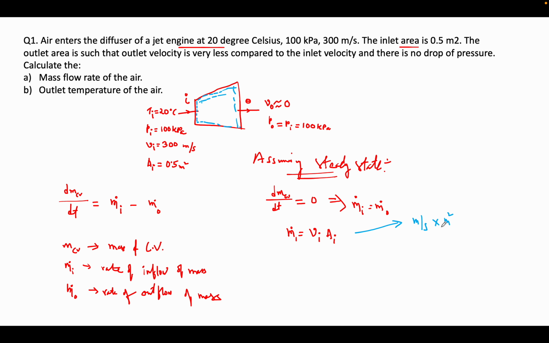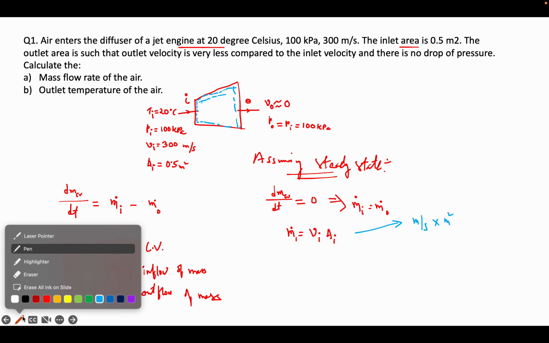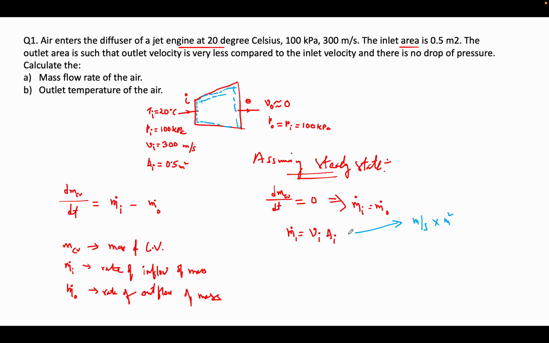Now if we multiply volume flow rate with density, we get kg per second, and what we want is the mass flow rate. We do not want the volume flow rate, that's why it's not AiVi. It will be rho into Ai Vi. Okay, so it will be rho Ai Vi.